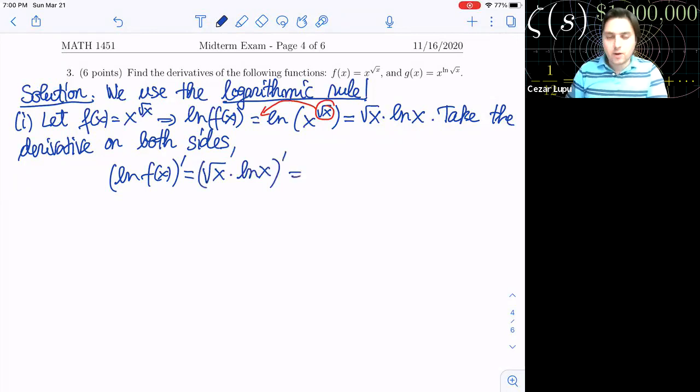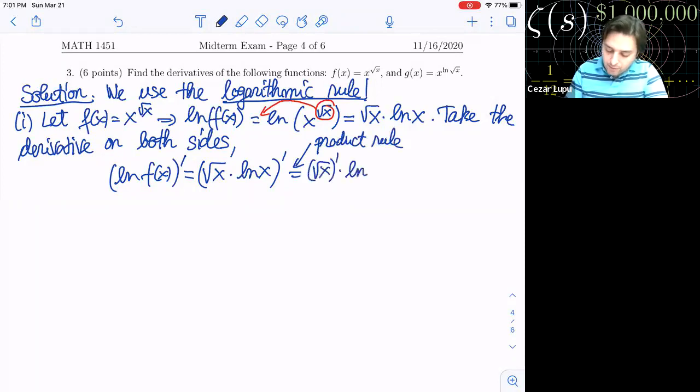Now let's see. On the right side, to compute the derivative of square root of x times ln of x, what do we use? Product rule, correct. So by using the product rule here, what do we get? We get the square root of x prime times ln of x plus ln of x prime times square root of x.